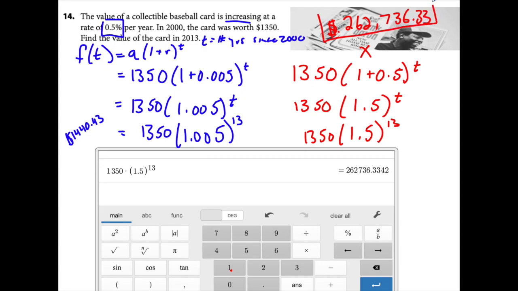And you got to ask yourself, if something is growing at a rate of 0.5% per year, could it reach $200,000 from only $1,000 in 13 years? That is not realistic. So the tricky thing here is you've got to look at your work and ask yourself, does this answer make sense? And if it doesn't, you have to go back and take another look at your formulas.